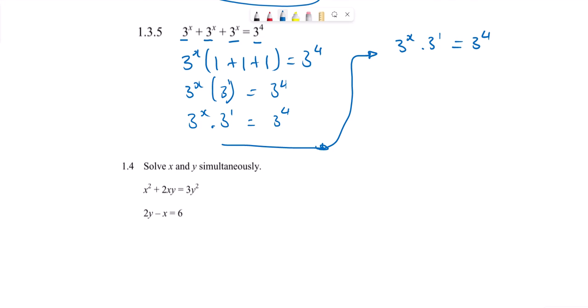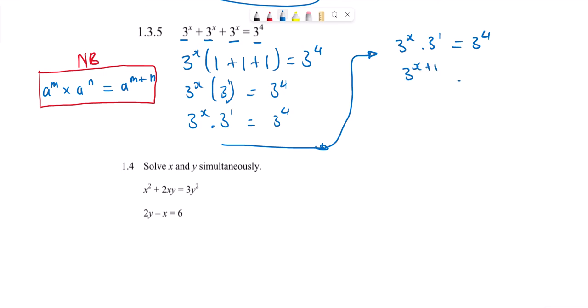And then laws of exponents. Remember that a to the m times a to the n is the same as a to the m plus n. Do not forget these, guys. Never ever. So here that will be 3 to the x plus 1 is the same as 3 to the 4.